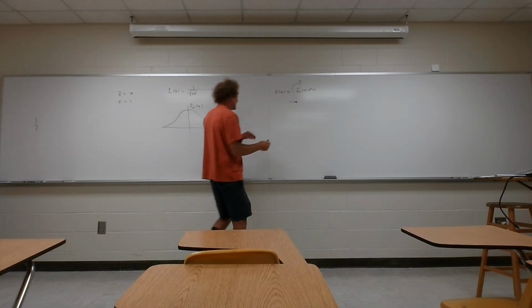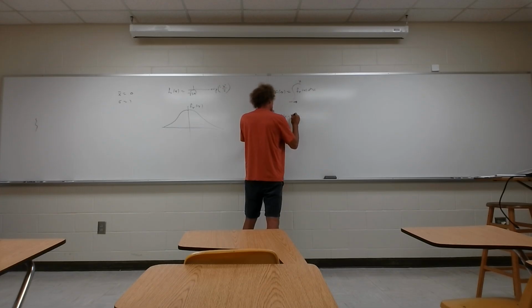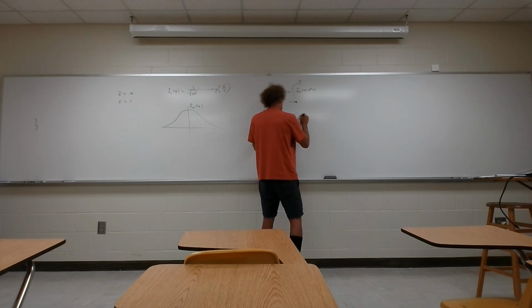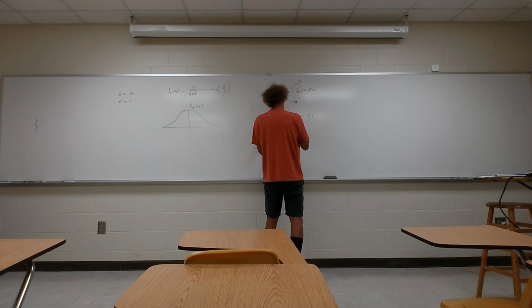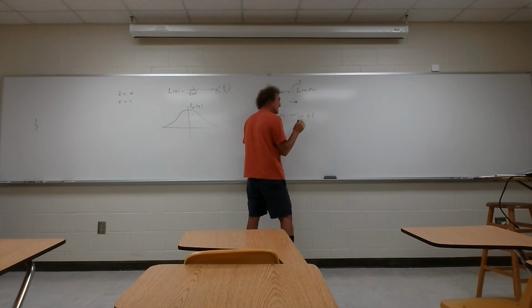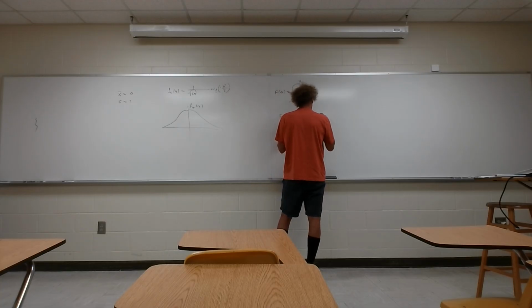Now, if we take f of x, and we say it's going to be minus some k sigma. Actually, hold it. Let me do it this way. Since the mean is 0, I'm just going to put k sigma here, and then minus k sigma.